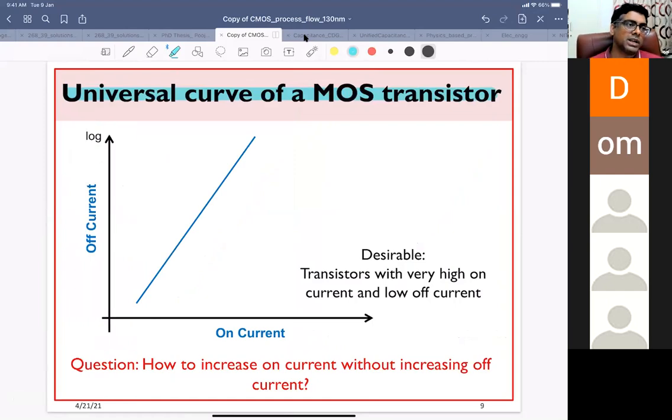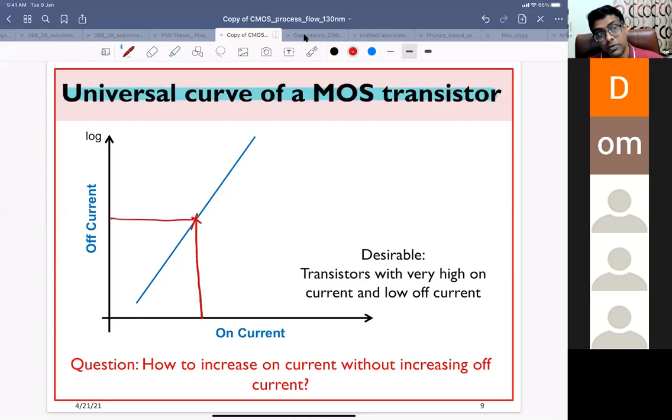So when TSMC or some fab comes up with a new technology node, what they show us is the universal curve. Okay, this is the universal curve of my technology, right? That means if I have a transistor which has this much on current, it will give this much off current, right?